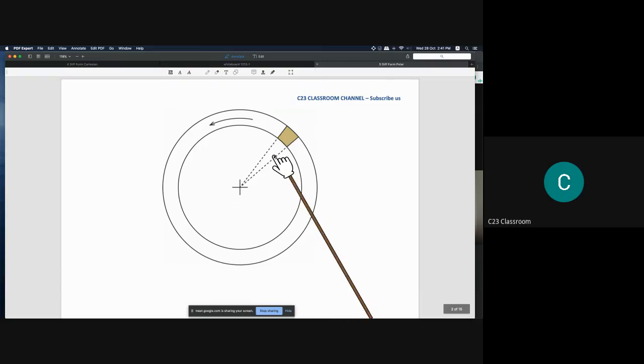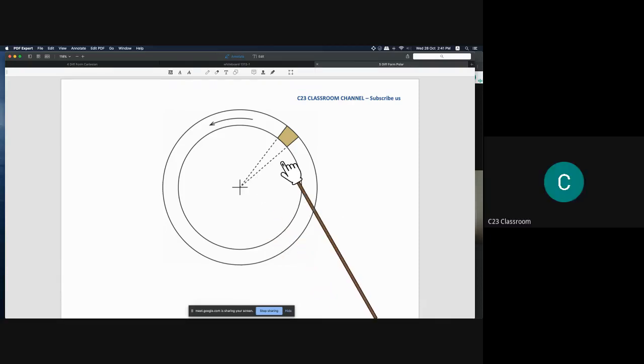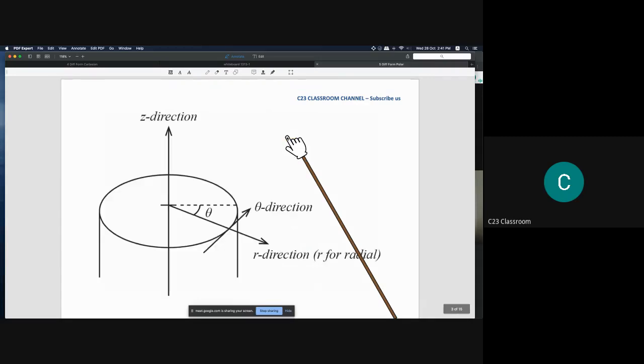Sometimes we assume that there is one molecule here, and this molecule rotates at a certain speed, and the location of this molecule can be determined by the length of the radius, and also by its angle. And for sure the fluid flow has thickness, meaning the height of the cylinder, so we have the z direction like this.